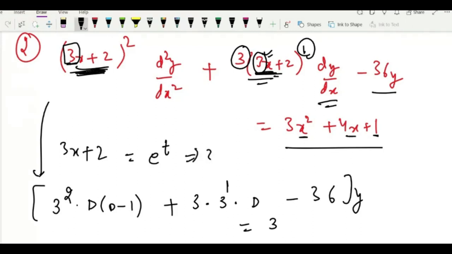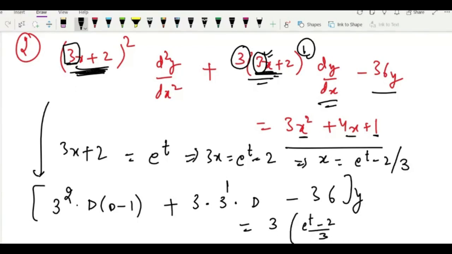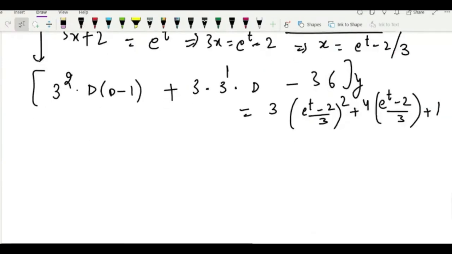So we can write 3x is equal to e raised to power t minus 2 and x is equal to (e raised to power t minus 2) upon 3. So our x becomes ((e raised to power t minus 2) upon 3) square plus 4 times (e raised to power t minus 2) upon 3 plus 1. So this is our converted equation.